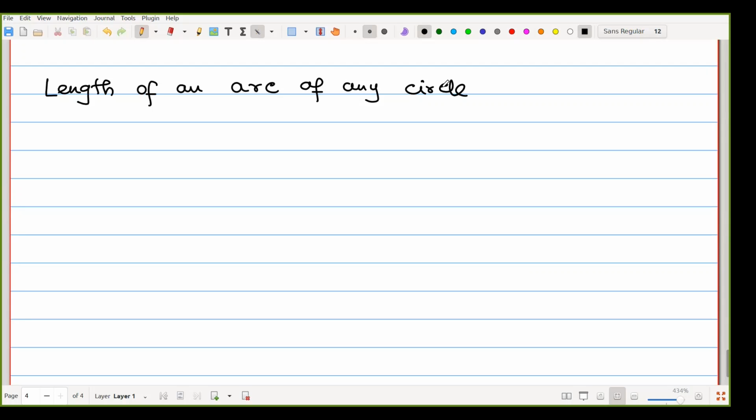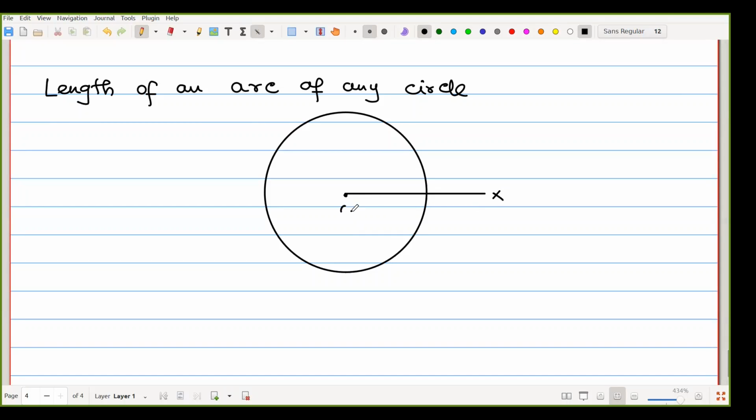And here we have, suppose, a circle that O is the center. Now we have that OX and another line, that is OP. Let the angle defined in between these two, OX to P, is theta.